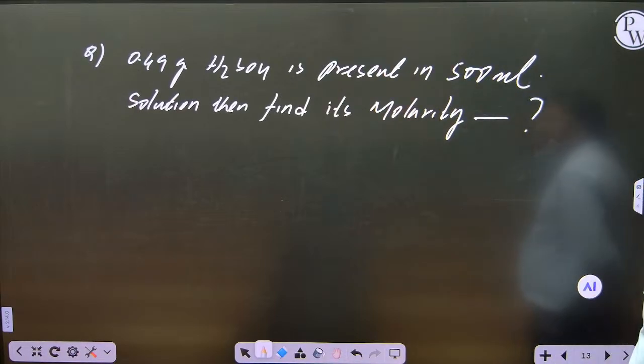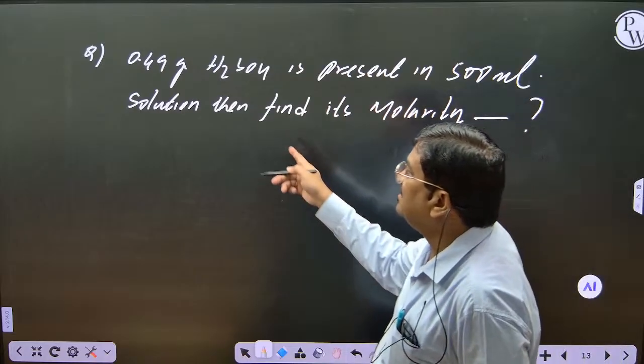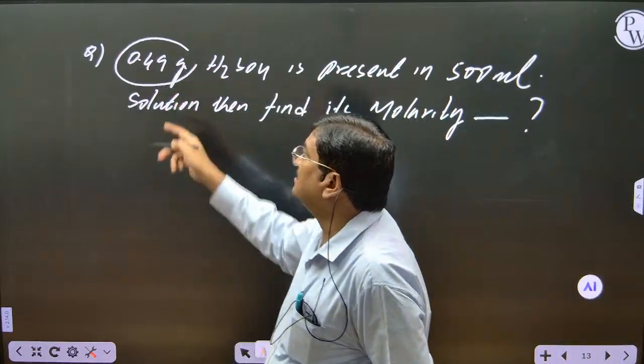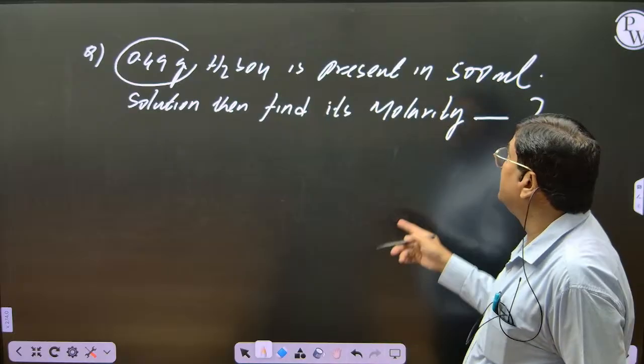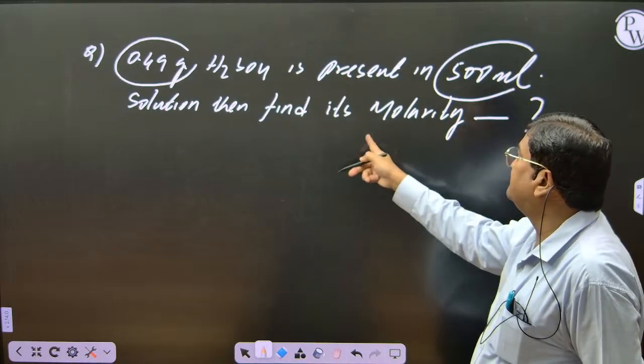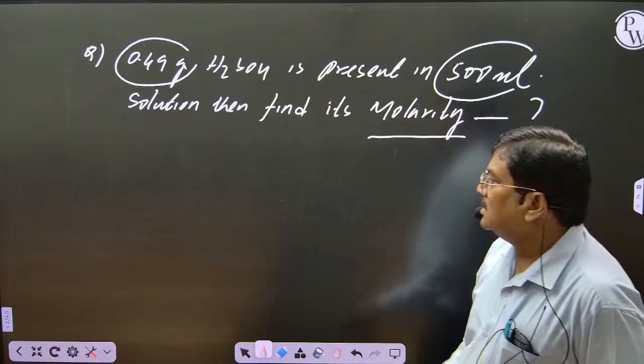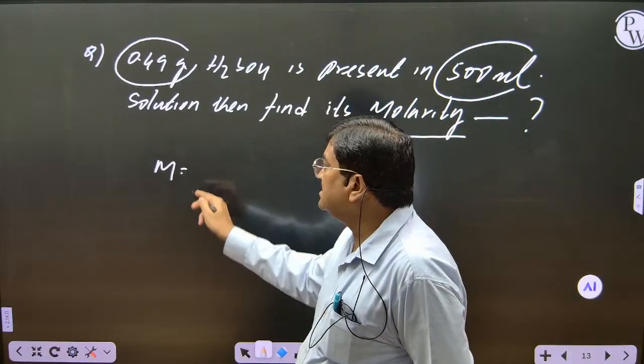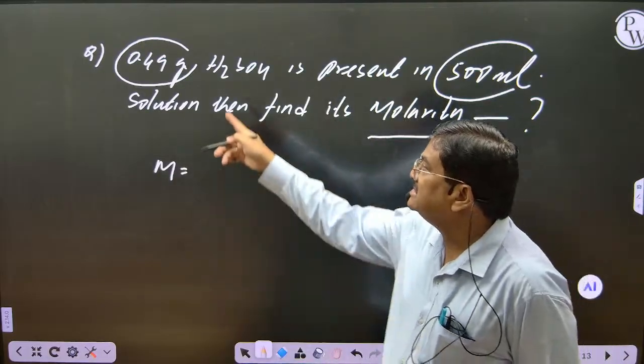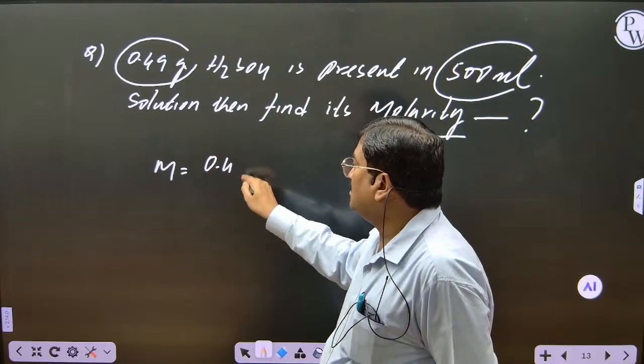Question: mass given. How much mass of sulfuric acid? 0.49 grams given. That much mass is present in 500 ml. For this you have to find molarity. Now what is the relation we wrote? Molarity is given by mass of solute. Mass is given, 0.49, by molar mass.